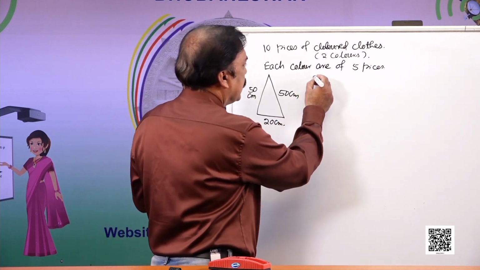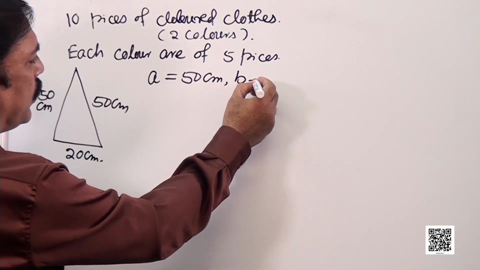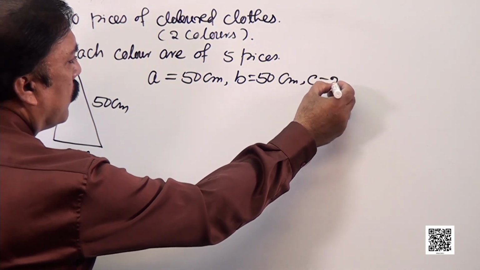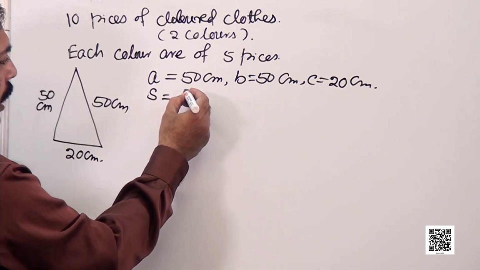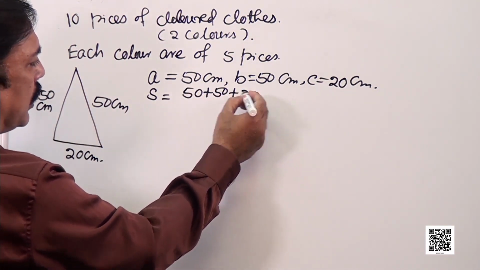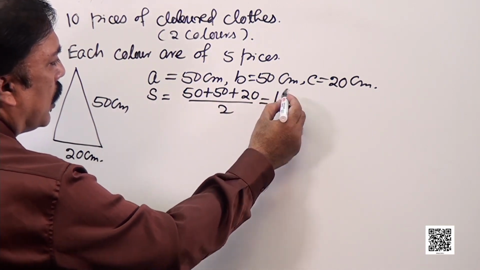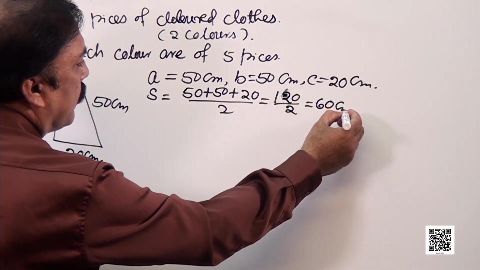In this case, say a equal to 50 centimeter, b equal to 50 centimeter, and c equal to 20 centimeter. Then what is s? s equal to (50 plus 50 plus 20) by 2, that gives 120 by 2, that is 60 centimeter.